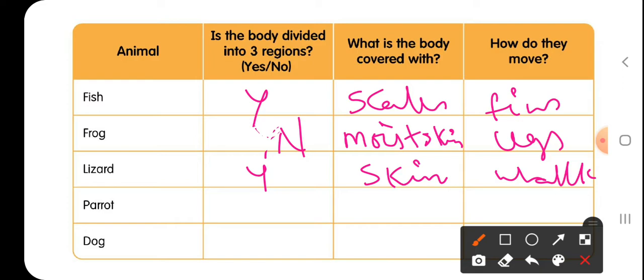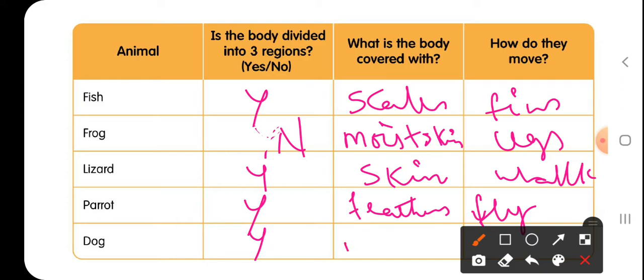Okay. So now the third one is parrot. Parrot too has 3 body parts on it. What is the body covering here? Here the body coverings are your feathers, feathery wings. How do they move? They will fly. With the help of wings, they will fly. Now coming to dog. Dog is also having three body parts.